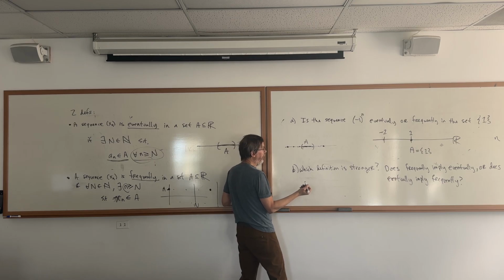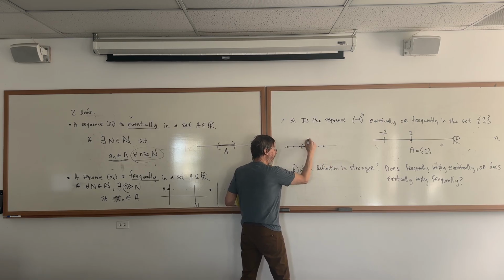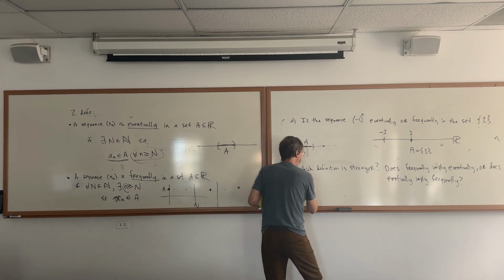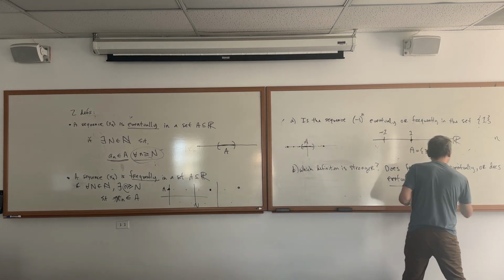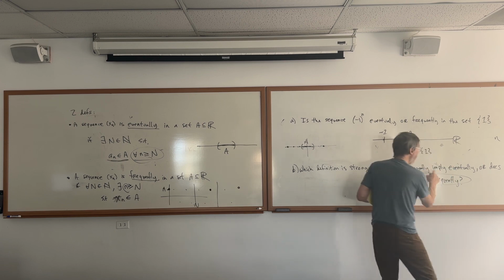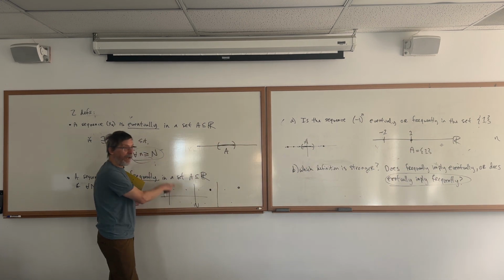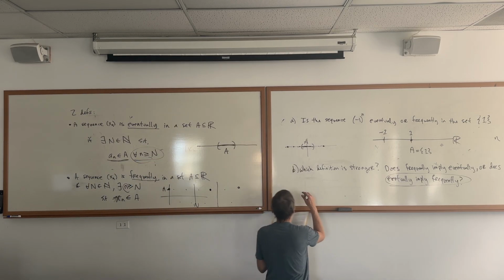And that means if you tell me, hey, find me a location in the sequence past that point that falls inside A, I've got them. I've got infinitely many of them. So this is the stronger one. Eventually implies frequently, but frequently does not imply eventually, and kind of the case in point is the -1 to the n sequence. So here's one last question on that.